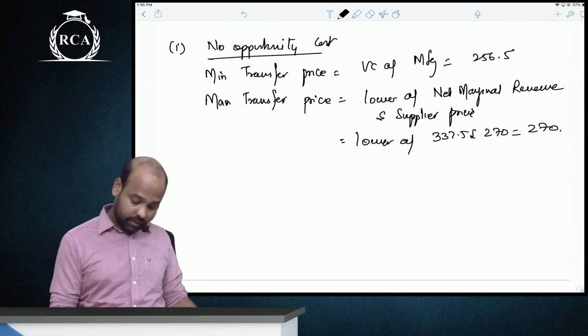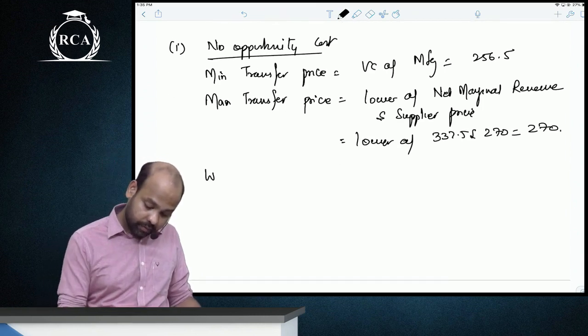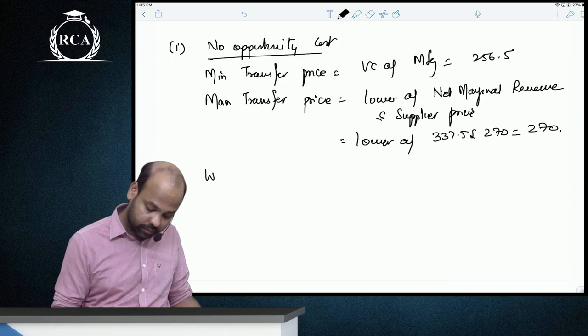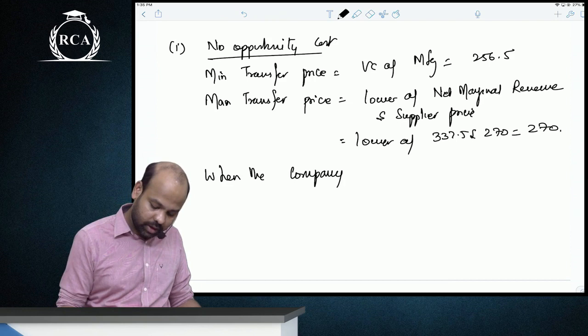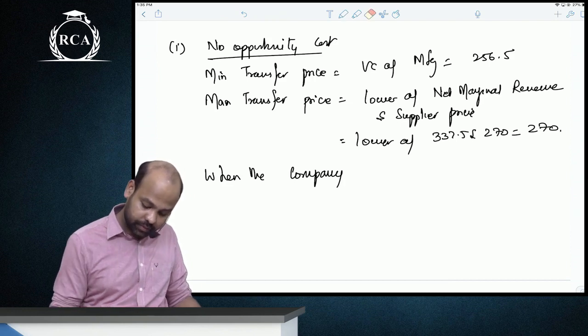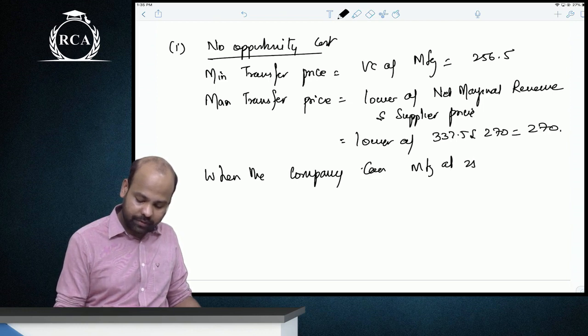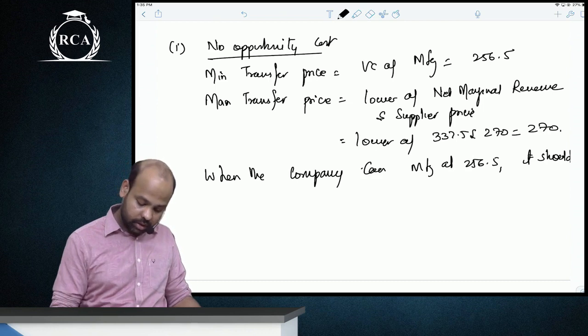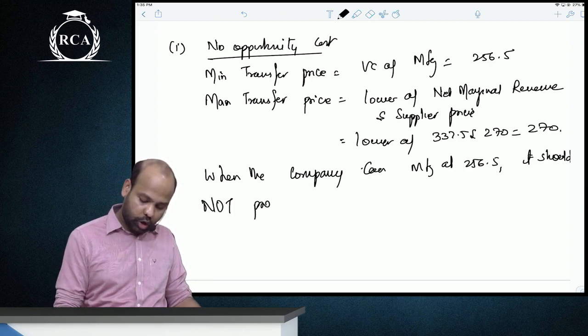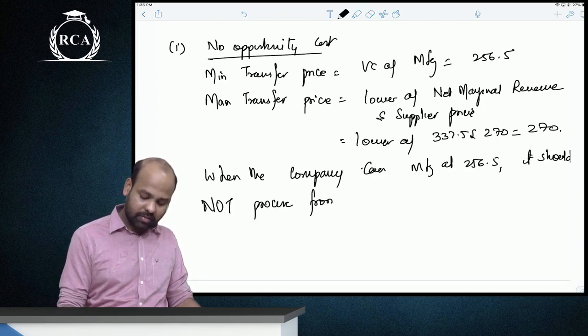Understand it like this, guys. When the company can manufacture, forget divisional, beta, when the company can manufacture at 256.5, it should not procure from the external market at 270.